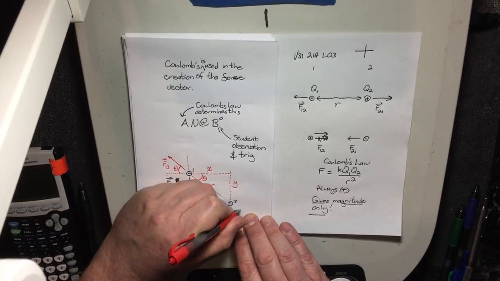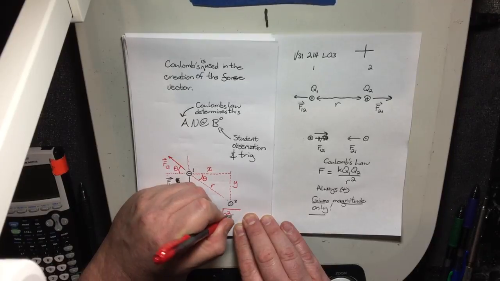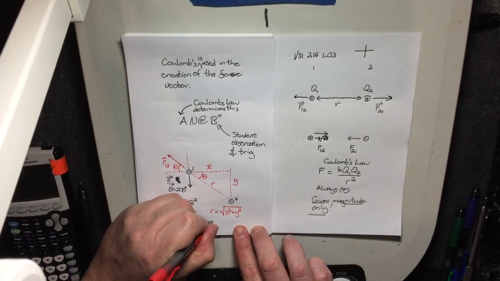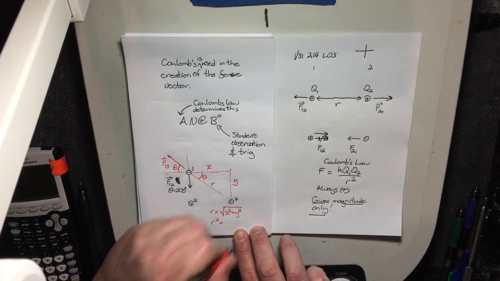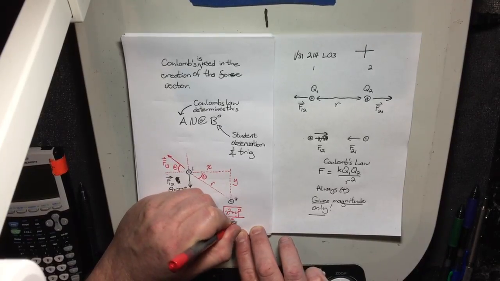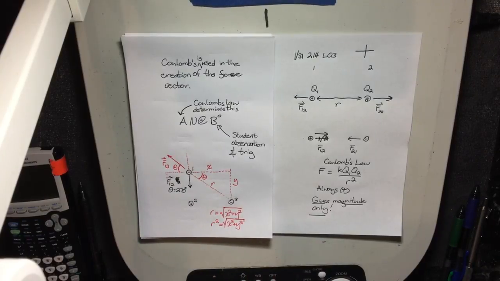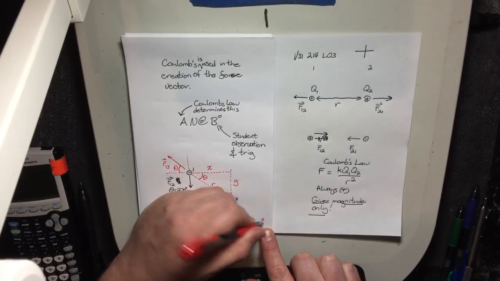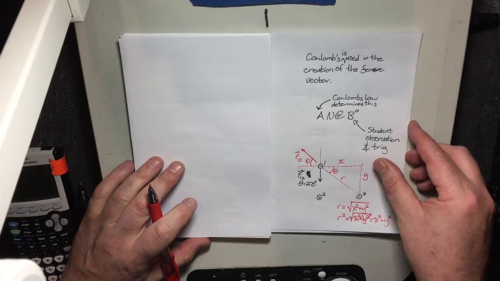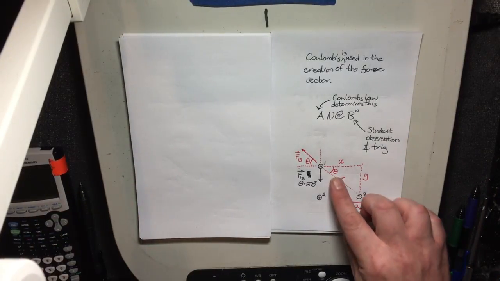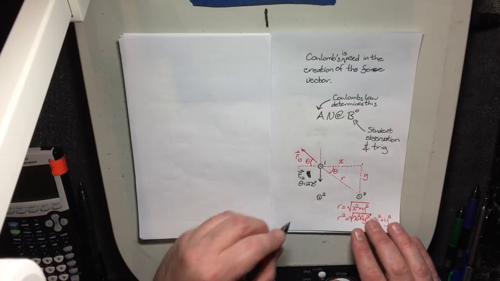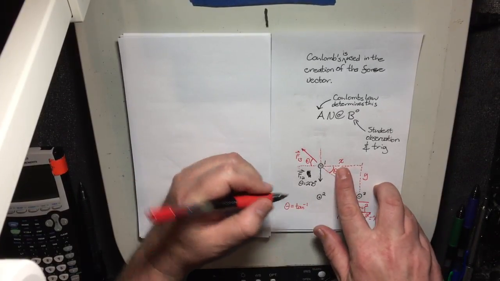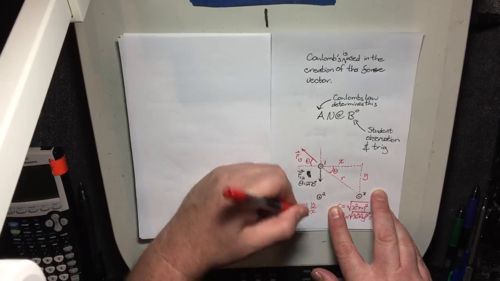R would simply be the square root of x squared plus y squared. Or you could, since in Coulomb's law we use r squared, you could just say the value of r squared is x squared plus y squared. So r squared is just x squared plus y squared. And this theta, which then becomes that theta, is just the inverse tan of opposite over adjacent, or y over x.